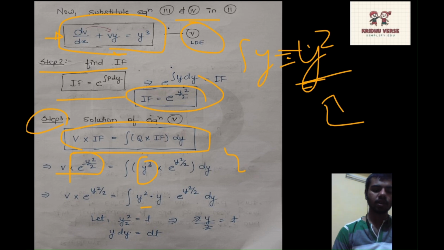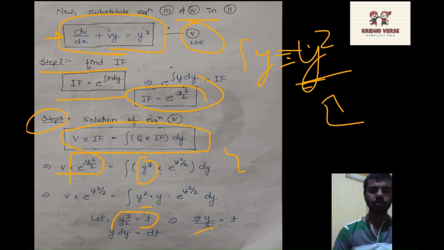So what we did, we took y square by 2 equal to t. Y square by 2 we assumed as t. So differentiating y square by 2 with respect to y, what it will become: 2y over 2 equals dt. So 2 got cancelled, so y dy equals dt.